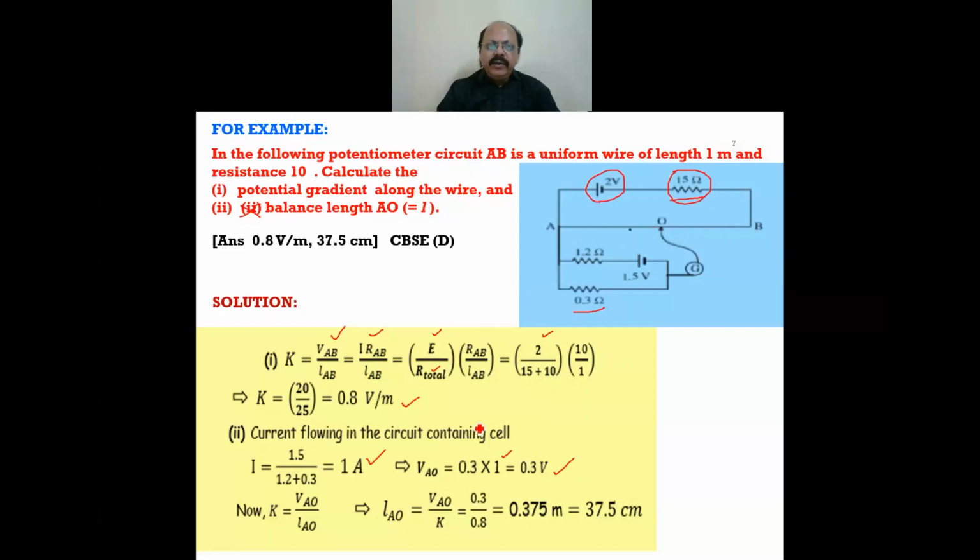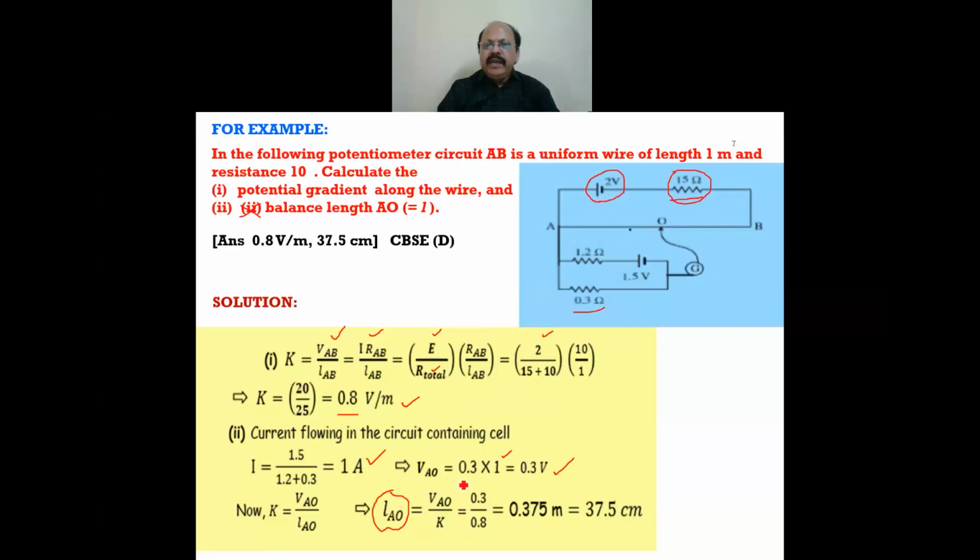Already you have found the potential gradient. So apply the formula K equal to VAO upon LAO. And your aim is to find out the balancing length, LAO equal to VAO upon K.